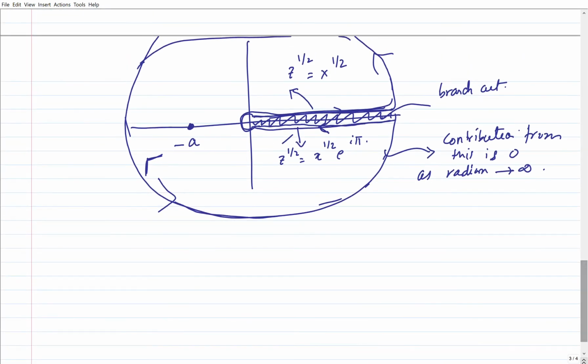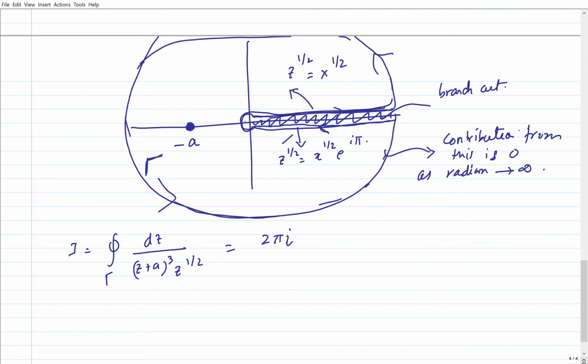So what do we have? We have the closed integral over the closed contour gamma of dz over (z plus a) the whole cube times z to the half, and this is equal to the sum of residues of all the poles enclosed.